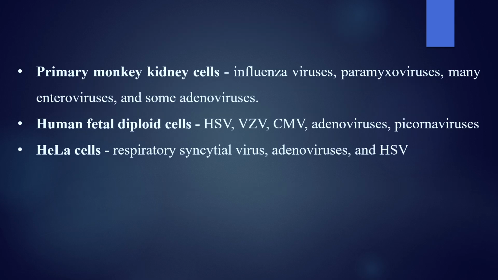In tissue culturing techniques, primary monkey kidney cells are excellent for the recovery of influenza viruses, paramyxoviruses, and many enteroviruses, along with some adenoviruses. The human fetal diploid cells, which are generally fibroblast cells, support the growth of a broad spectrum of viruses, including herpes simplex virus, varicella zoster virus, cytomegaloviruses, adenoviruses, and picornaviruses.